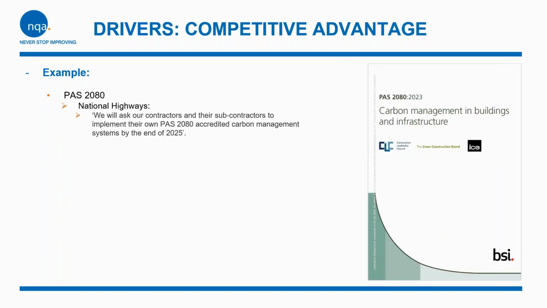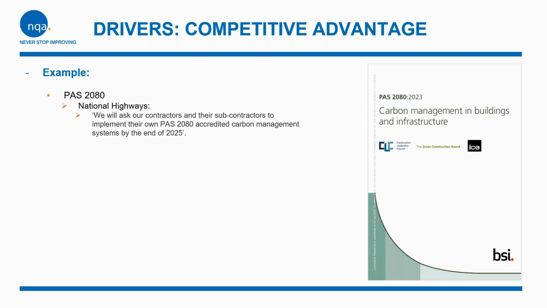PAS 2080 is really aimed at the construction industry overall, but not just construction or demolition companies, but also civil engineers and designers and product and material suppliers into the construction process. And PAS 2080, whilst it's a standalone publicly available specification which NQA can offer certification to, we've seen supply chain pressure. So for example, National Highways, who look after the road and highways networks, have made a public commitment.